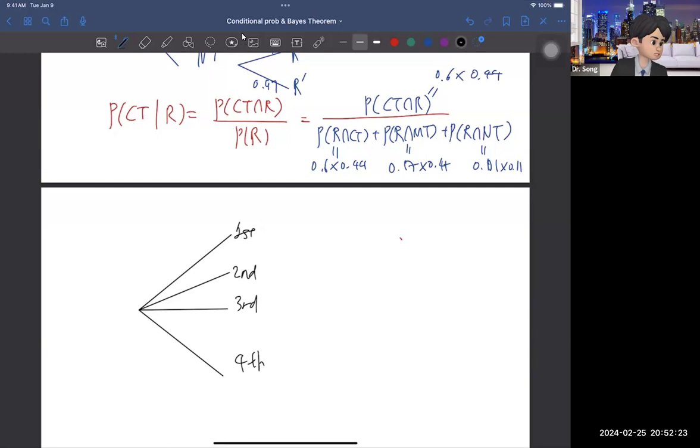And then let's say that the proportion of first year students is 40%, second year students is 30%, third year students is 20%, and the fourth year is 10%. I just came up with the numbers. And then they either have an internship experience, yes or no, okay, like this.